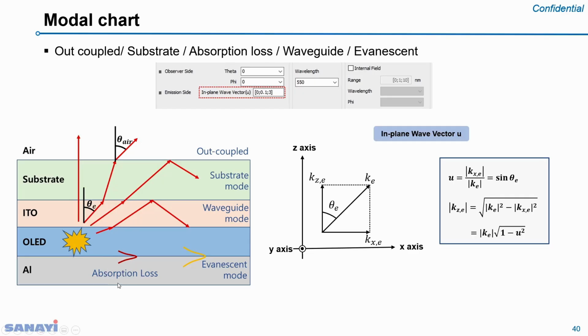Absorption loss means the light loss absorbed by the layers. Waveguide means the light cannot be emitted because of the difference of the refractive index between the layers. Lastly, evanescent mode means the light cannot be emitted because of the surface plasmon effect of the metal. To check the evanescent mode, in-plane wave vector should be set more than 1.